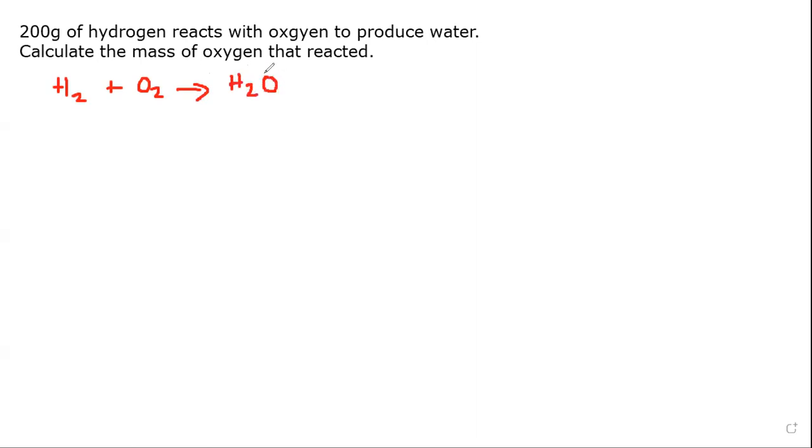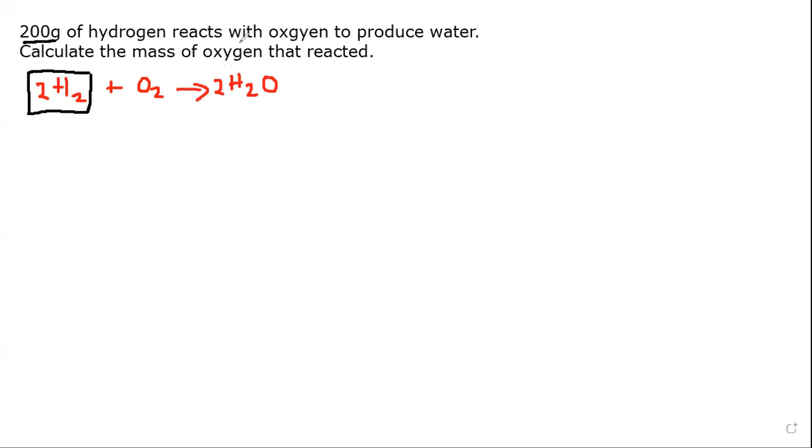If we balance this equation, we're going to have a 2 here and a 2 there. Now, if we're using the law of conservation of mass, identify a substance whose mass is given. We have this one, so you pick it together with its coefficient.